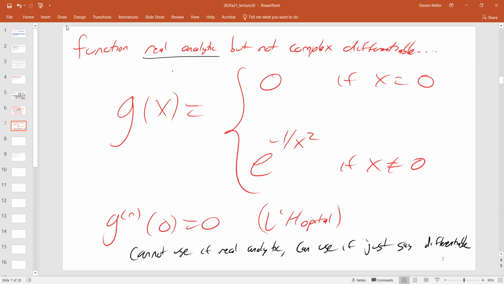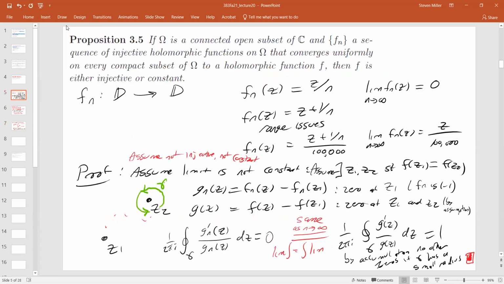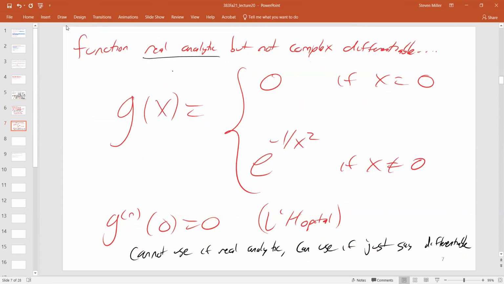And if you look at the statement of the theorem, it says we have a sequence of injective holomorphic functions. Well, holomorphic just means what? Holomorphic technically means differentiable, and then as a theorem, you get that it's real analytic. So you can argue as to whether or not we can use something like this.